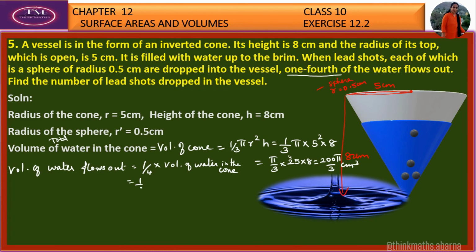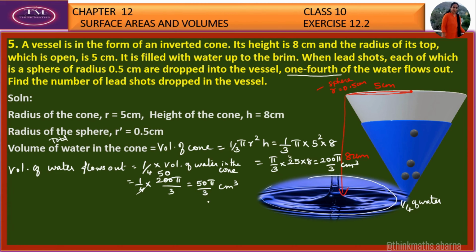So 1 by 4 into 200 pi by 3. 1 4s are 4, 5 4s are 20 and this 0. So it is 50 pi by 3. This much water has come out, this is 1/4 of the water.